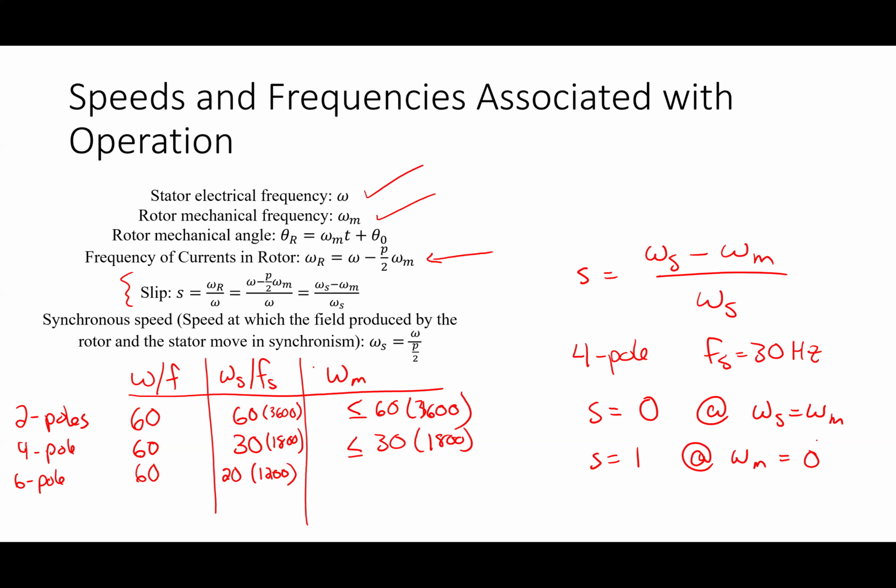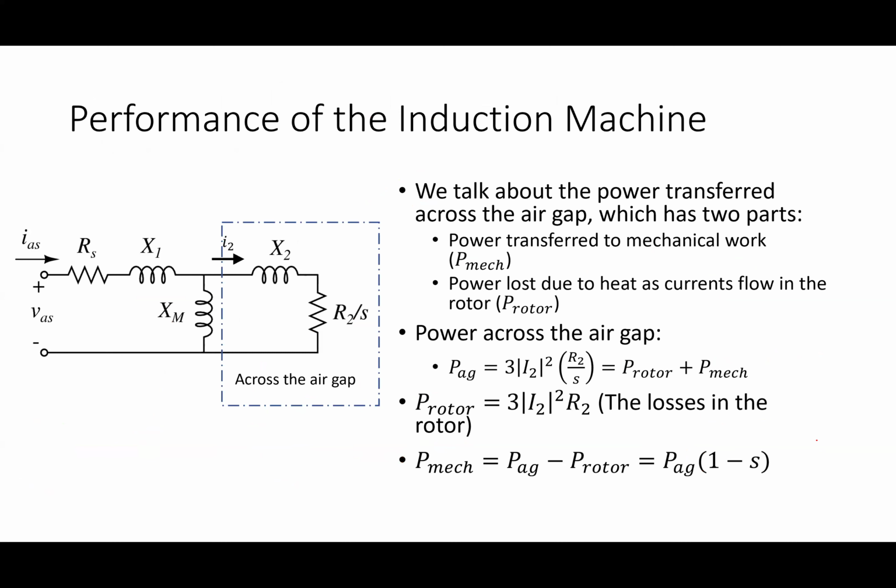That relates to the voltage being induced by the field coil. The same thing is true in the DC machine. What those voltage sources represent is the energy conversion between the electrical and mechanical domain. In the induction machine, that's represented through this R over S resistor. So this R2 over S resistor represents the energy conversion piece.